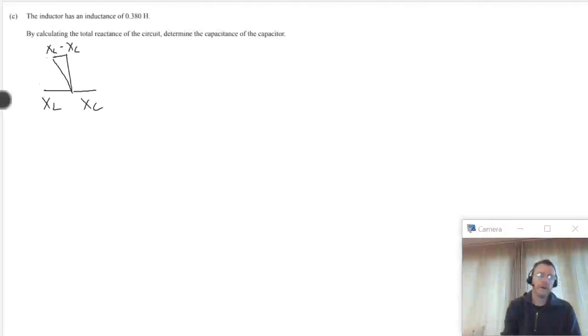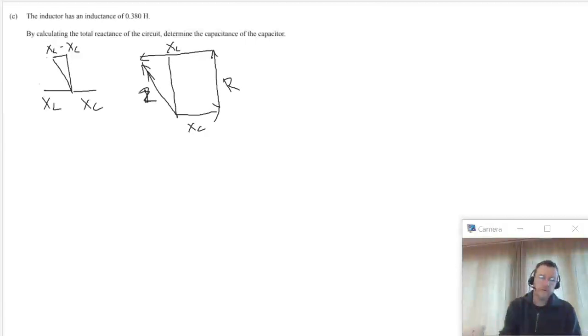So when we add up the inductor reactance, the capacitor reactance, and the resistance, they produce a resultant phasor for the impedance that looks like that.